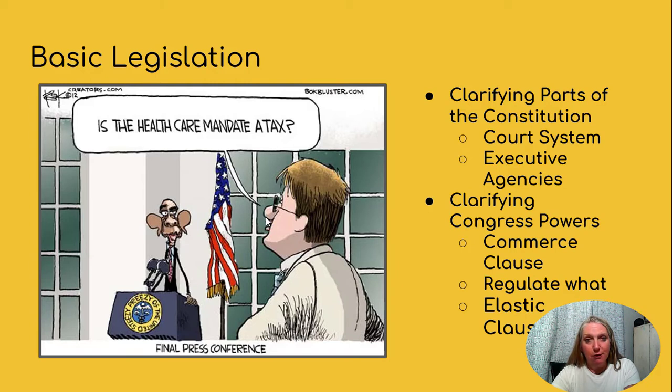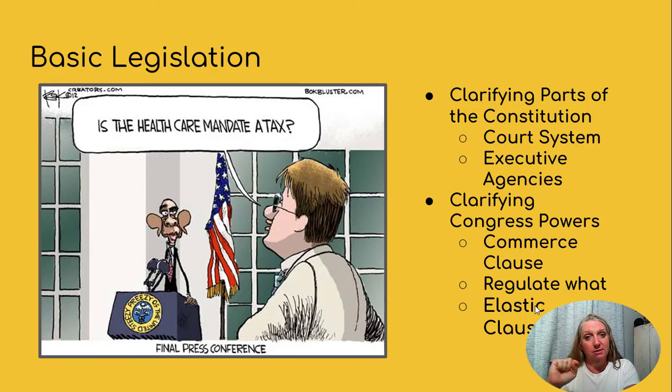Okay, clarifying parts of the Constitution, but they can also clarify powers of Congress. So Congress has a power called the Commerce Clause. And what does this mean? Now, oftentimes what is involved here is they're also going to use the elastic clause, and I have this mentioned down here. The proper name for the elastic clause is the necessary and proper clause.